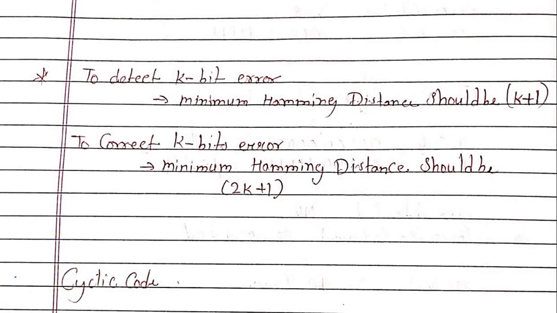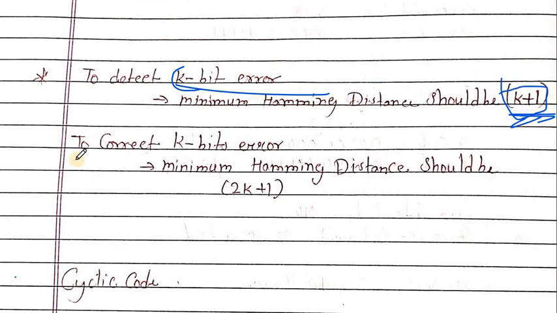So for detection of k-bit errors, if you want to detect k bits of error, the minimum Hamming distance should be k plus 1. To detect k-bit errors, we should have a Hamming distance of k plus 1.